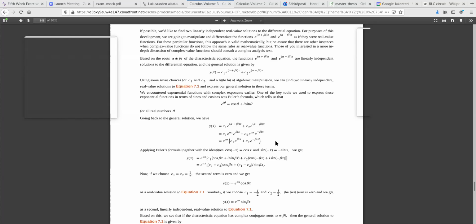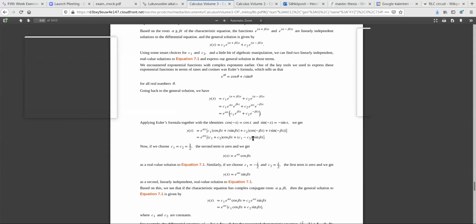Applying this Euler formula, you can prove that you can formulate this imaginary exponent part in such a way that the imaginary part goes away. So even though it has imaginary or complex solutions, the real parts will always depend on the sine and the cosine of beta x, where beta is the imaginary part of the root.